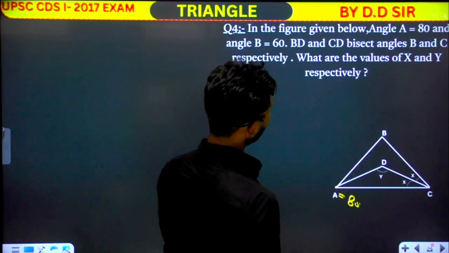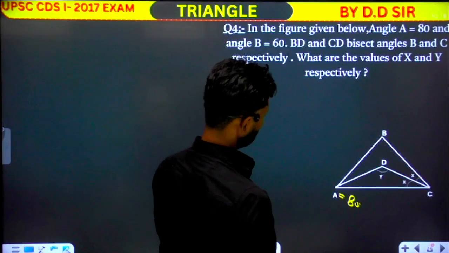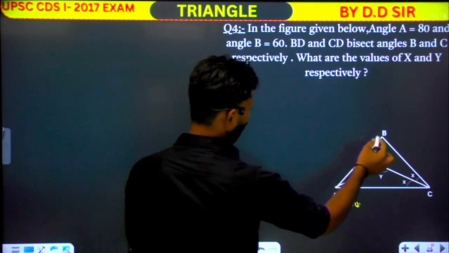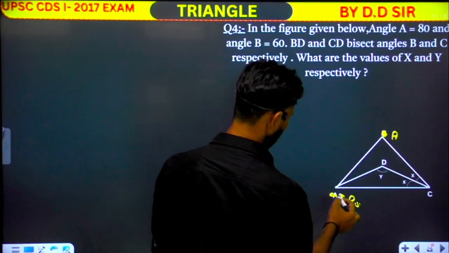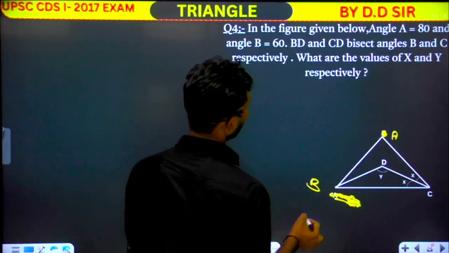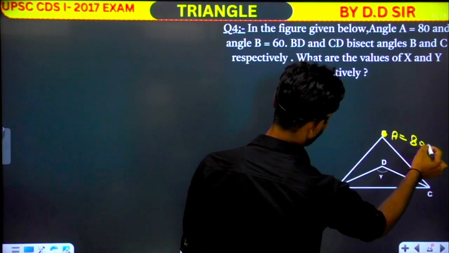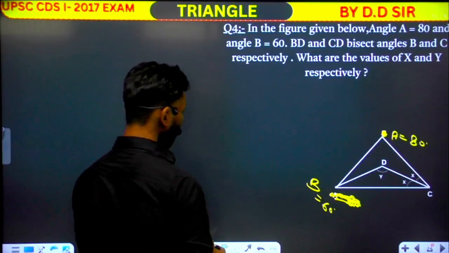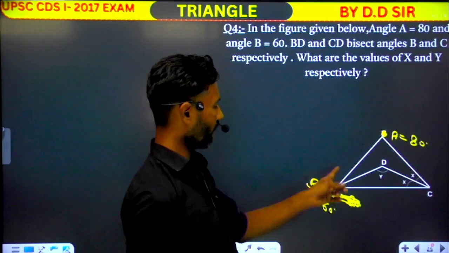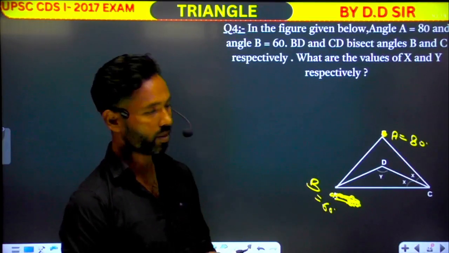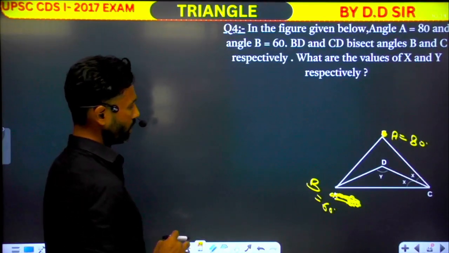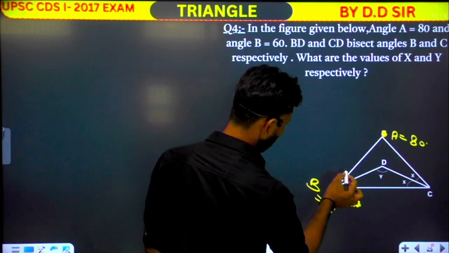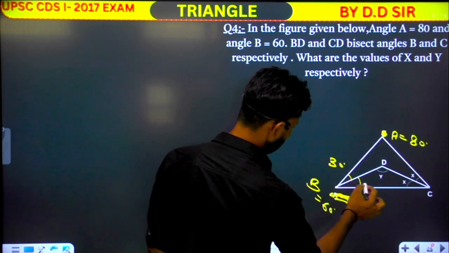BD and CD bisect angle B and C. Angle B is equal to 60 degrees, and it is said that BD is the angle bisector of angle B. If BD is the angle bisector of angle B, you can say that angle ABD, the upper part of angle B, will be equal to 30 degrees and the lower part of angle B will also be equal to 30 degrees.